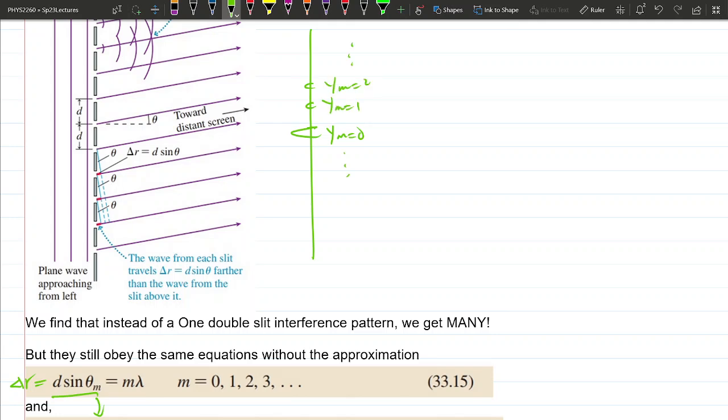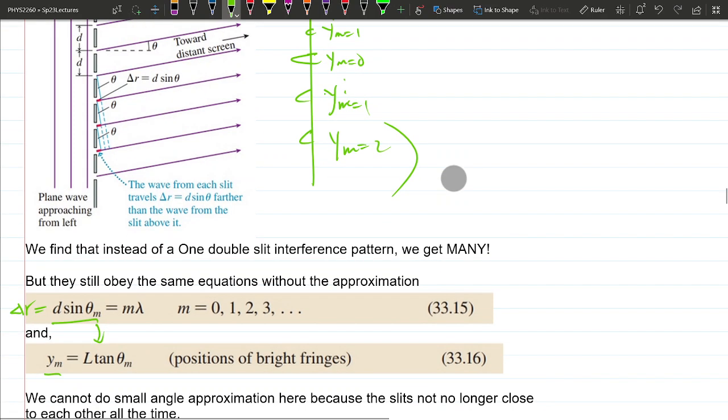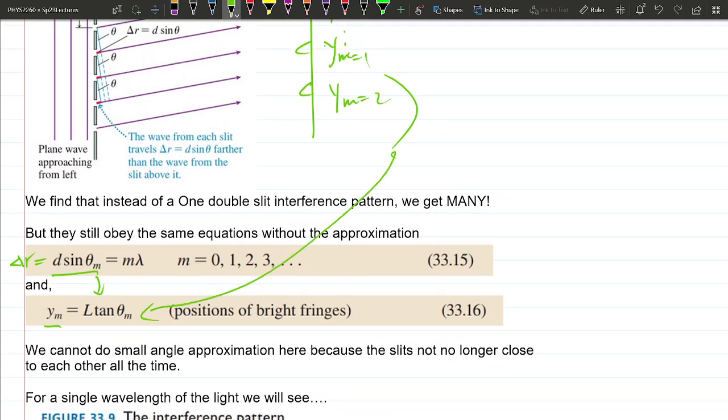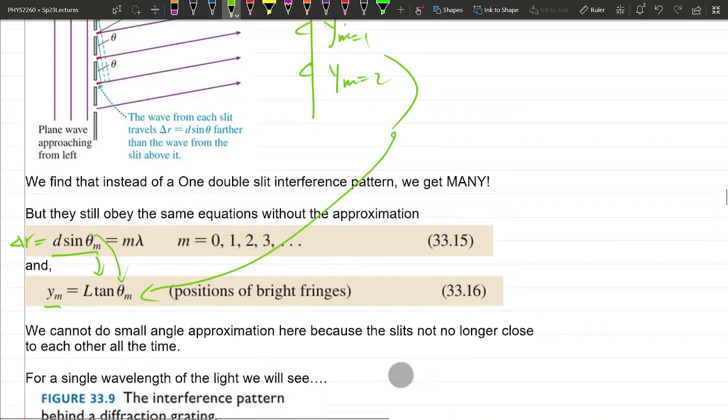It also goes negative, y of m equals 1 also down here. All these positions can be calculated by just plugging in what theta m is. It turns into a more complicated equation because you have an angle inside another trig function. Now you have to plug that angle into a different trig equation, right? We're going to play around with this in a little bit, okay?